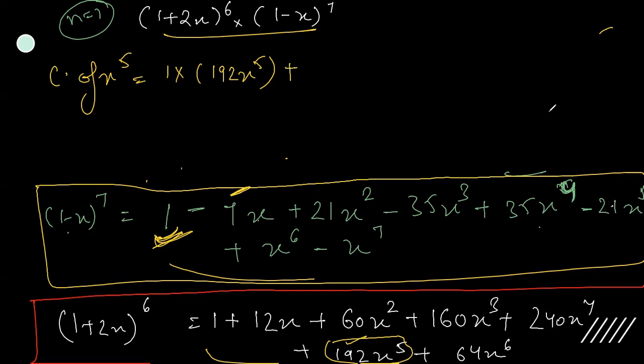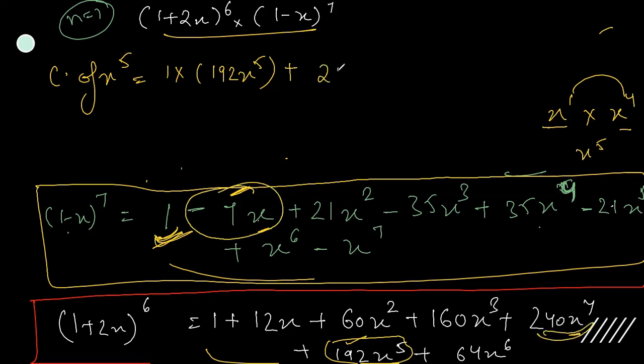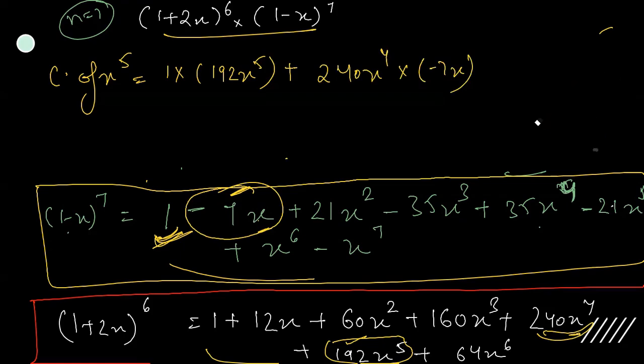So how will it become x raised to the power 5? When you multiply with x raised to the power 4, because when the bases are the same, the powers get added. So 1 multiplied with 4, this one. This term will multiply with this one. I'm first writing the positive term and then the negative term, because the sign will get changed further.